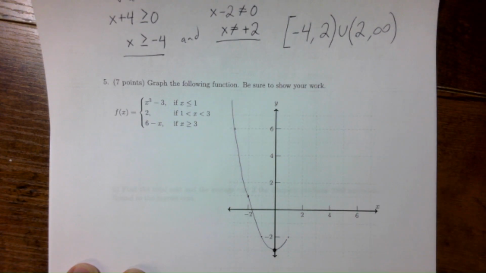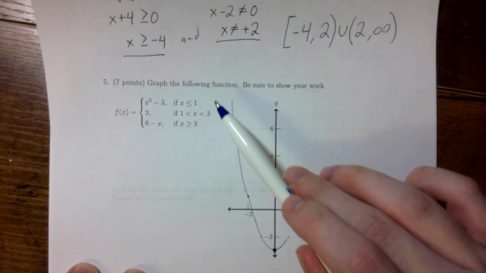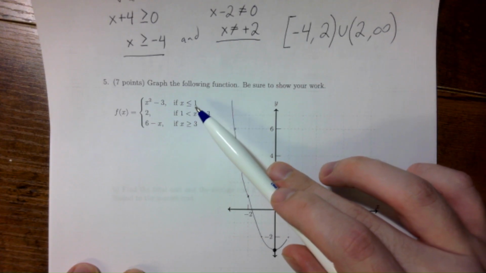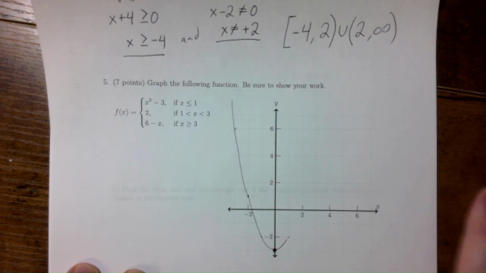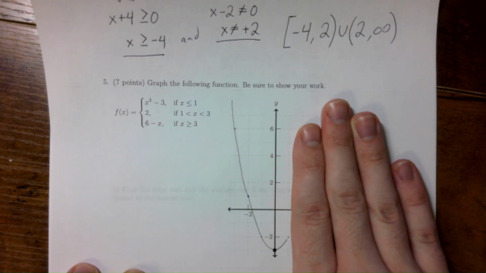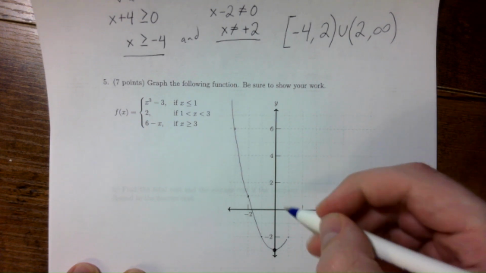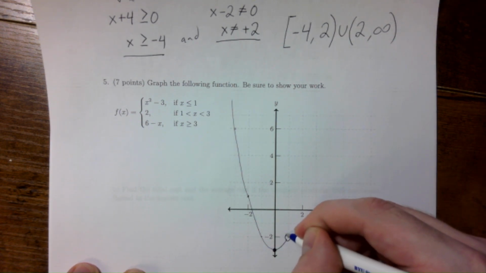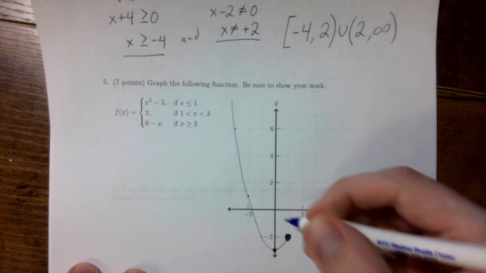Now, before I continue going in this direction, I am only keeping the part where x is less than or equal to 1. So if I'm covering up everything that I don't include, I am stopping this graph right here at x equals 1. Now I want to include the value at x equals 1, so I'm going to have a dot right here, and I fill it in saying, hey, right here I do want to keep that part.